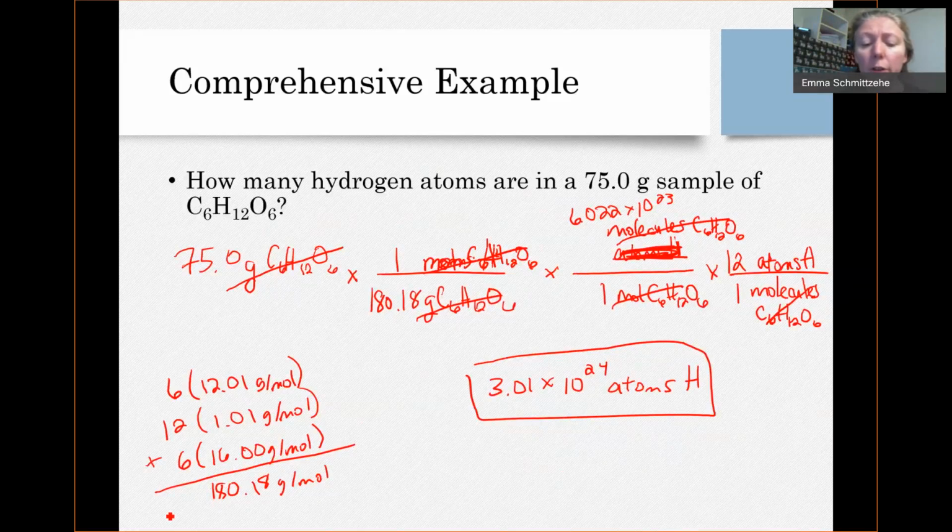Now, you could go a little bit of a different route. That happens a lot in chemistry. Okay, so there's not always only one way to solve a problem.